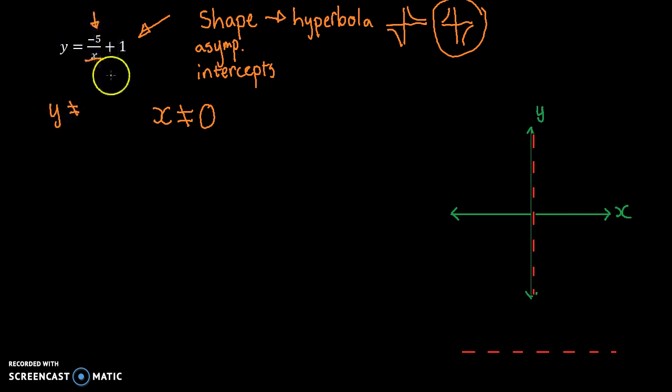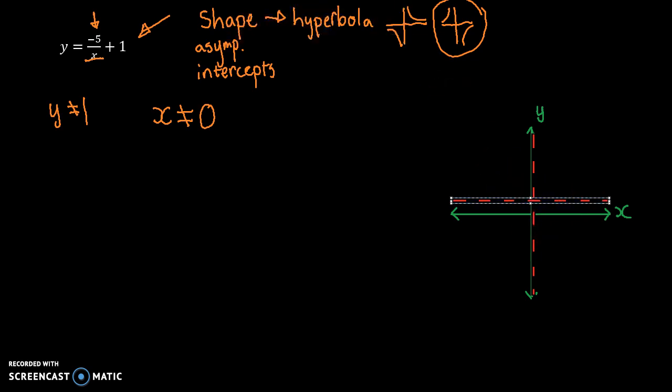Can that fraction ever be 0? No, it can't ever be 0, so that means y will never ever equal 1. So let's select this asymptote, try and do it as close as possible, and move it up to where y is equal to 1. So somewhere over there.